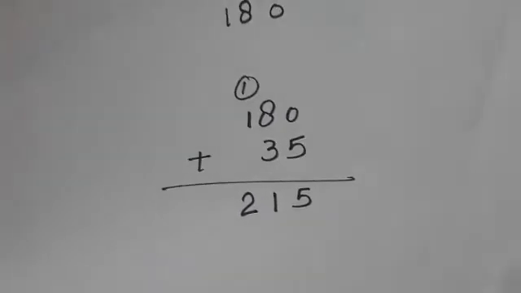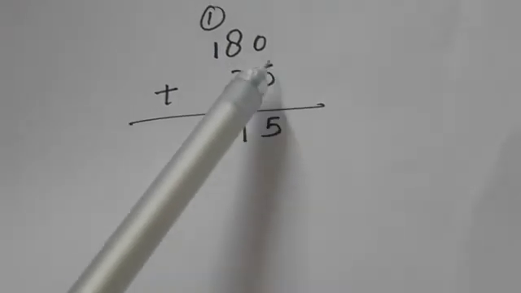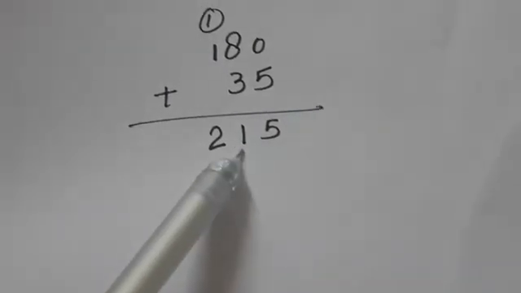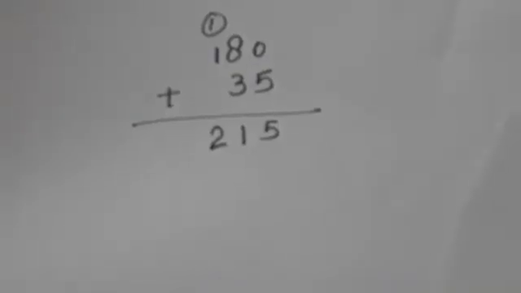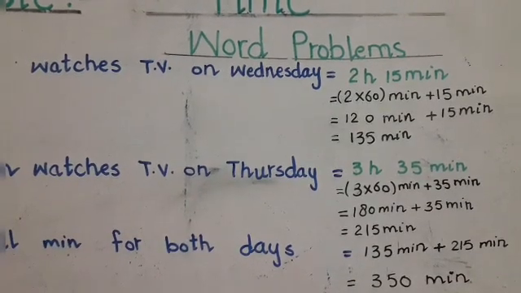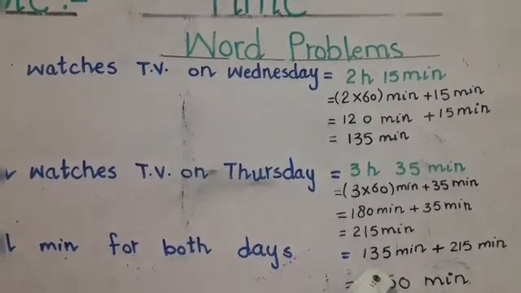Students, now I write both of these numbers, 180 and 35. And 0 plus 5 is 5, 8 and 3 is 11, 1 and 1 carry, 1 and 1 is 2. 215 minutes. Okay students, now I write both of these answers.